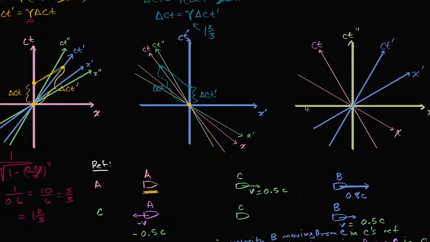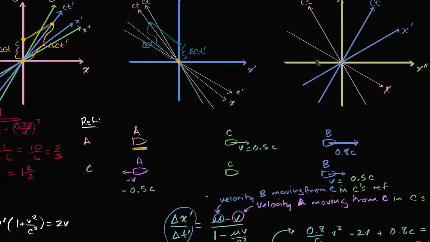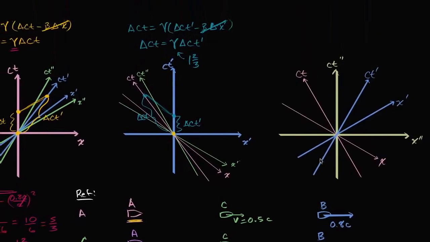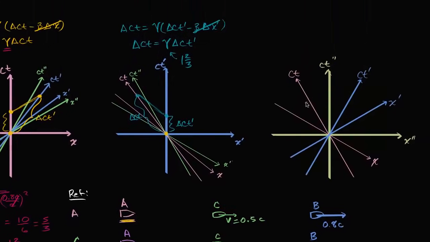And what's neat about that is if you make what looks like a Minkowski space-time diagram in that neutral frame of reference, then the CT and CT prime, A and B's frames of reference, get equally skewed, if you think about the time axis, to the left and the right. And since they're equally skewed, the time dilation relative to this rest frame, the scaling, is going to be the same.